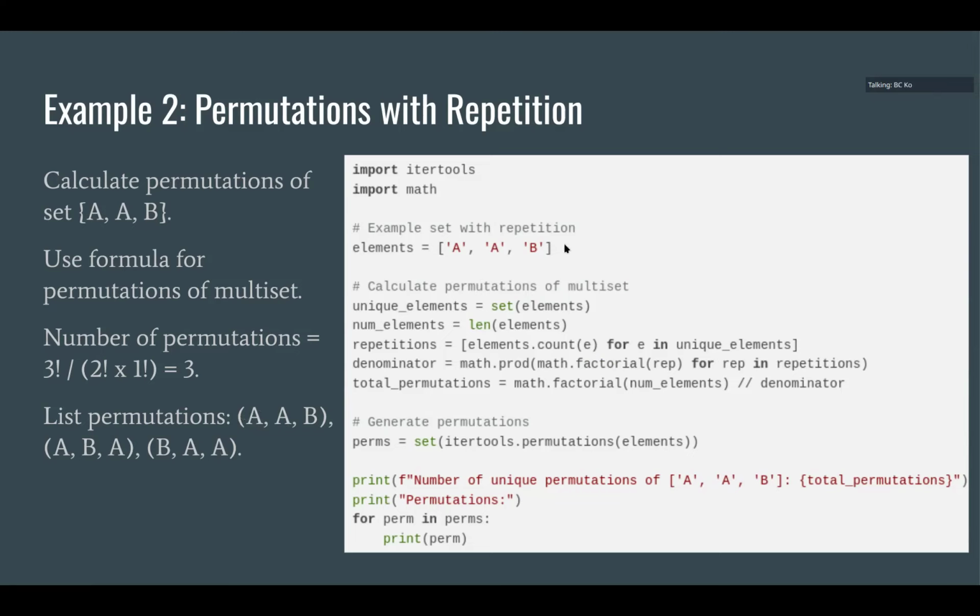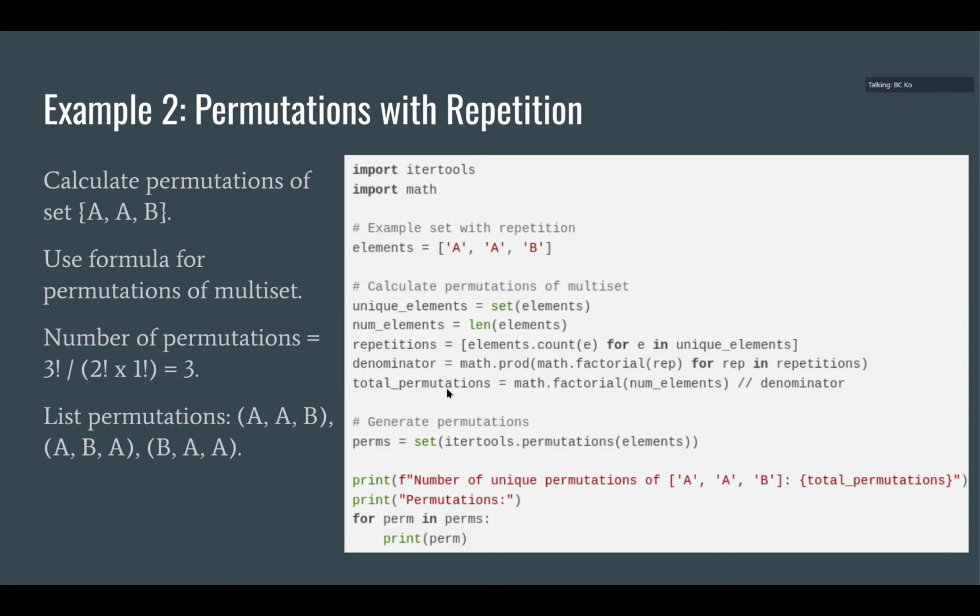If we are to do this in code, you can import the itertools and math modules, and we define a list of elements containing A, A, B. In order to calculate the number of unique permutations, we would want to first convert the list to a set to get the unique elements, and we count the number of repetitions for each unique element and store these counts in a list, and then we calculate the product of the factorial of these repetition counts.